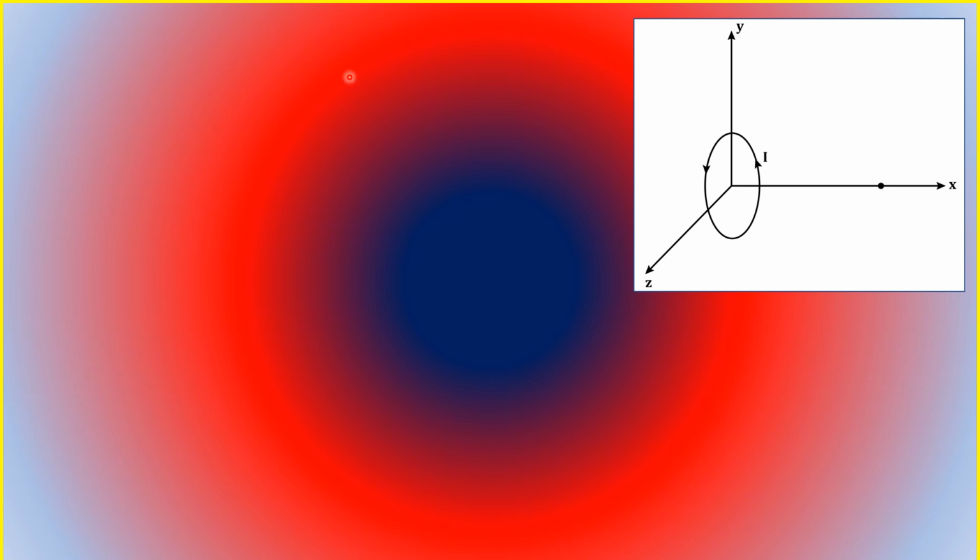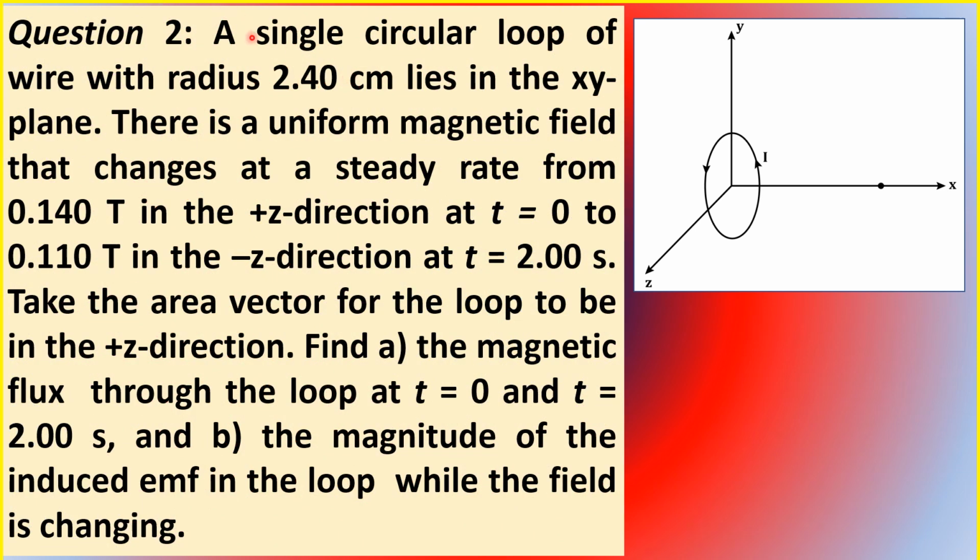Question number 2. A single circular loop of wire with radius 2.40 cm lies in the xy plane.